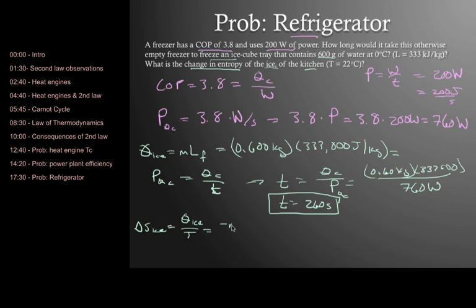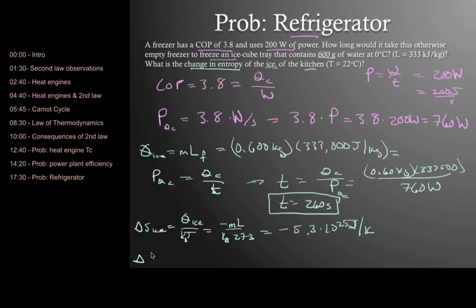So this is equal to minus mL over kB times 273. And what you're going to get is about minus 5.3 times 10 to the 25th joules per Kelvin. Sounds like a big number, but that's because of this kB and that we have basically a mole of water molecules sitting here.